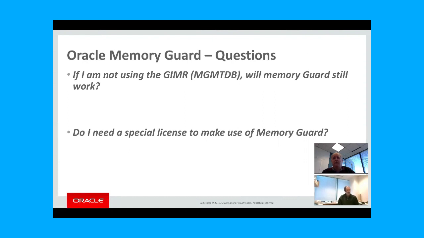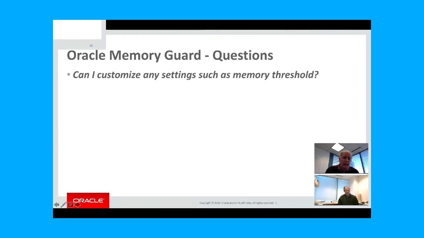So can I customize any settings with regards to memory guard? Since it's enabled by default, I'm obviously not turning it on, but are there any user customizations, such as memory threshold, that I can have access to?